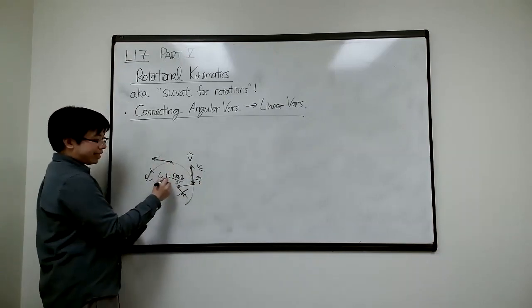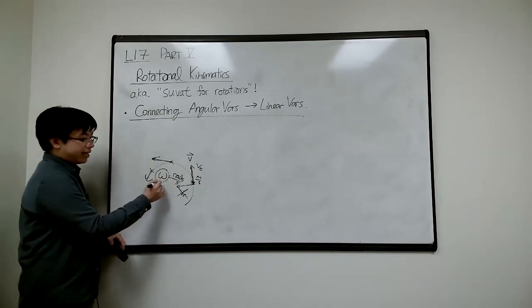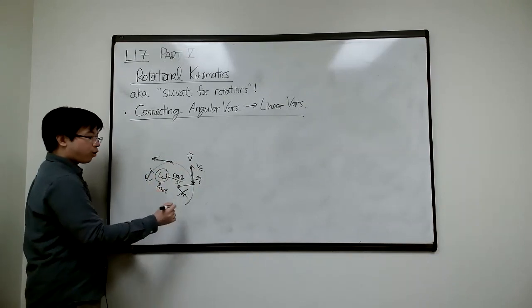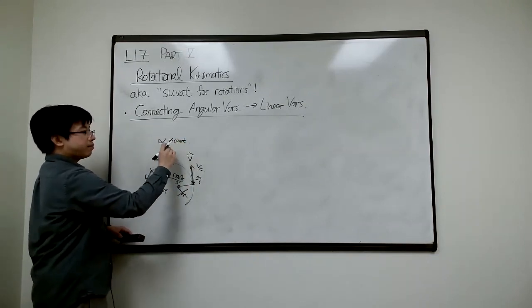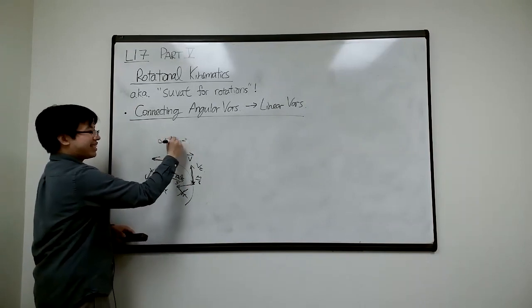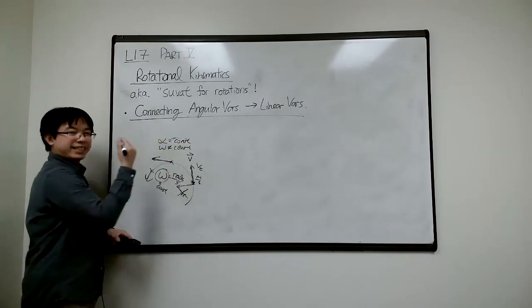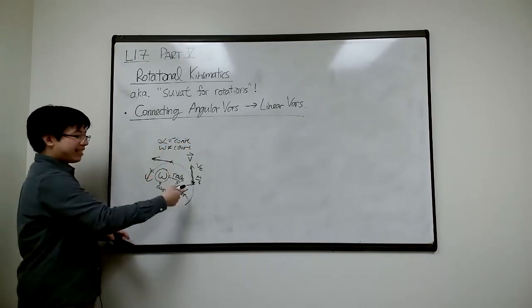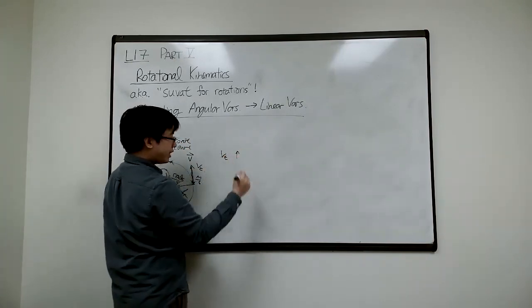Well, yeah, if this speeds up, if this is not constant. Well, we did uniform circular motion where this is constant, but now we have angular acceleration, right? Sorry, this is constant, but that means this is not constant, right? This guy will increase. So if this guy increases, then the tangential velocity will increase, right?